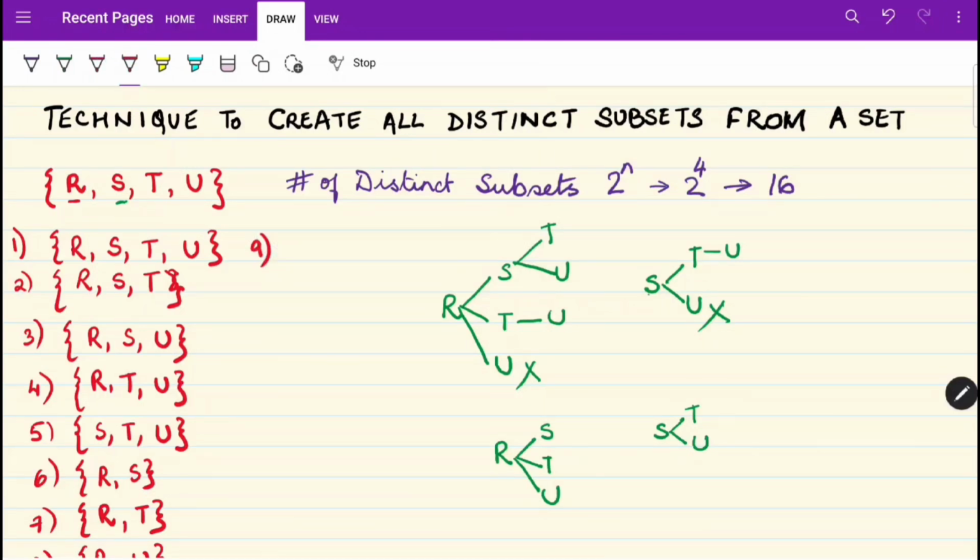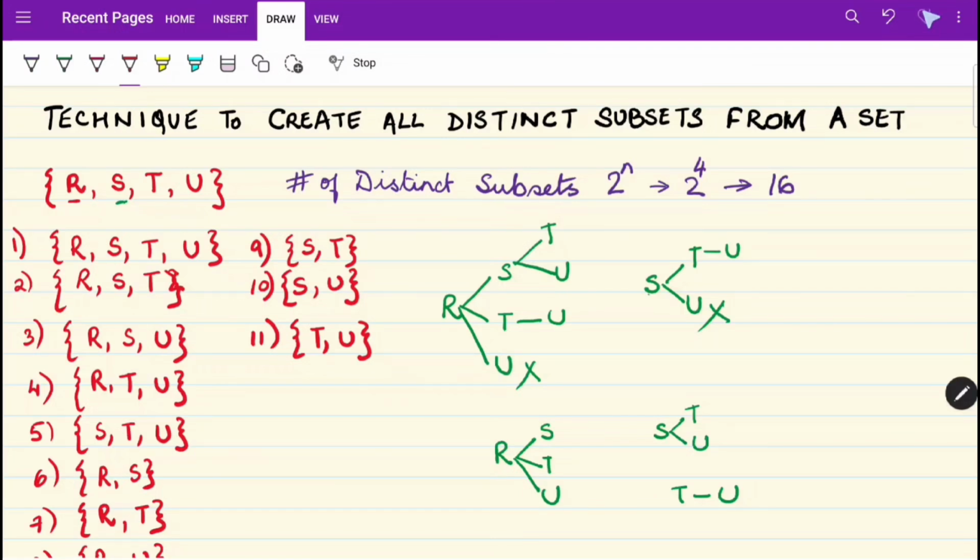The 9th one is going to be ST, a subset consisting of ST. Then number 10 is going to be SU. And then we have TU, that's another one of size 2. So T, and after T comes U, there's only one. So let's list that. TU, and that completes all combinations of size 2.